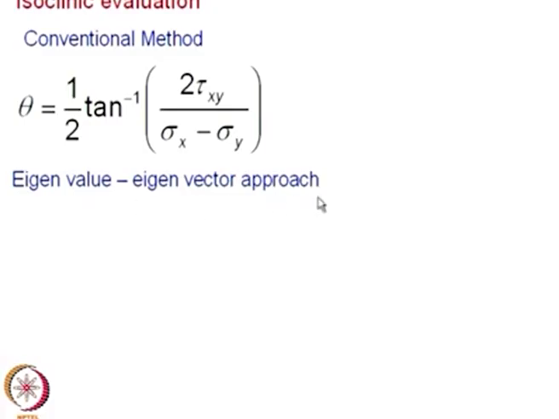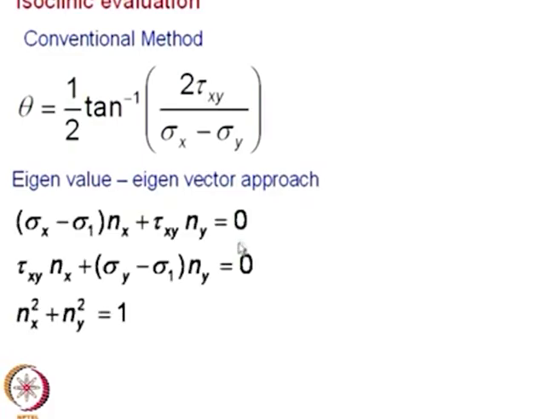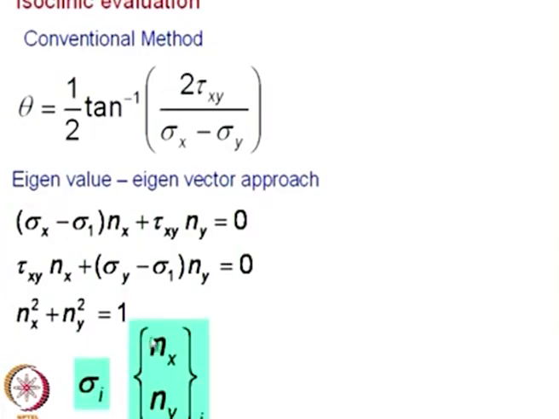You can do it as an eigenvalue eigenvector approach. Go to the fundamental definition of principal stresses. So, I get principal stresses as eigenvalues and the direction cosines nx and ny as the corresponding eigenvector. So, when I repose the problem as eigenvalue and eigenvector, it is possible for me to find out the value of sigma 1 and corresponding theta, which you are not associated.